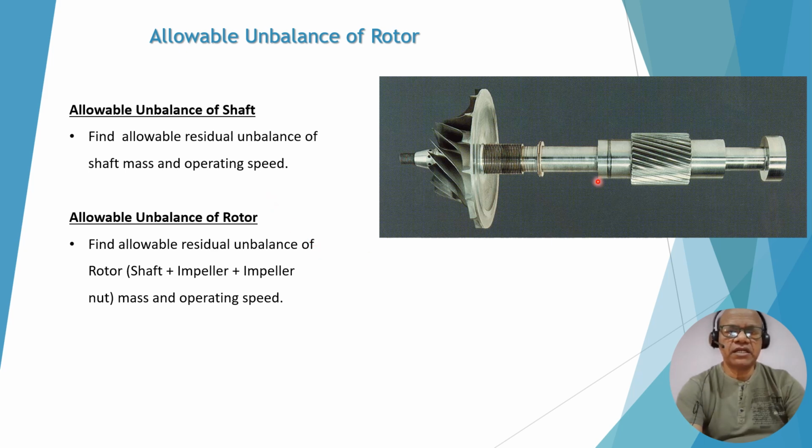Next, you have to calculate the same thing where the shaft and other attachments, like the impeller and nut, are all attached. The change will be the mass of the shaft becoming the mass of the rotor. The speed will remain the same. So in both cases, you have to calculate the residual unbalance, in the case of only the shaft and in the case of the rotor.